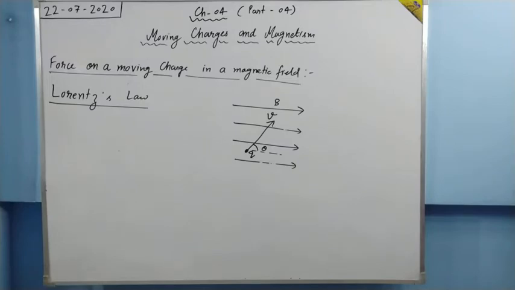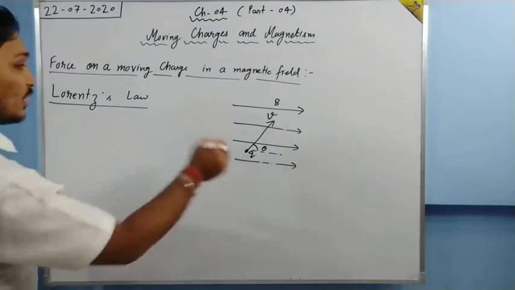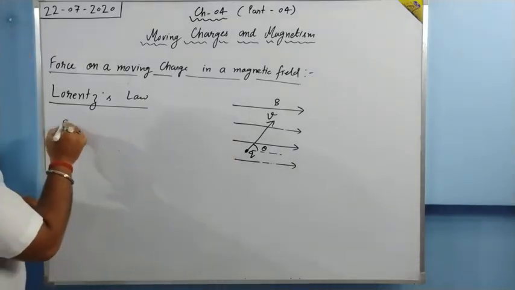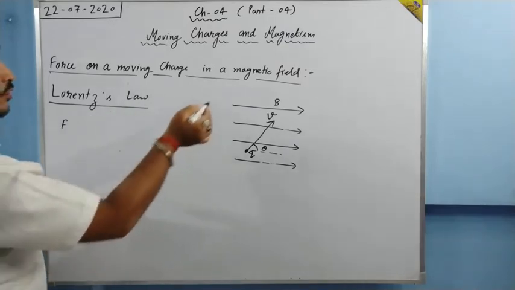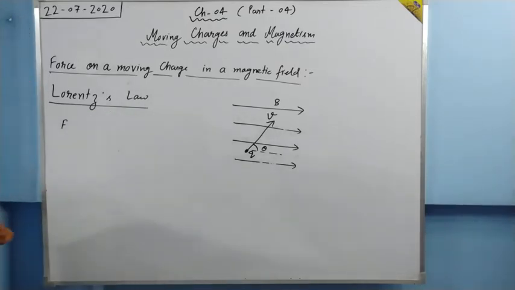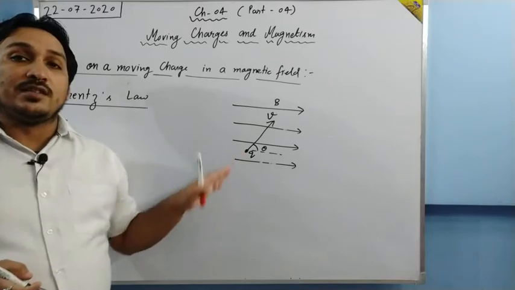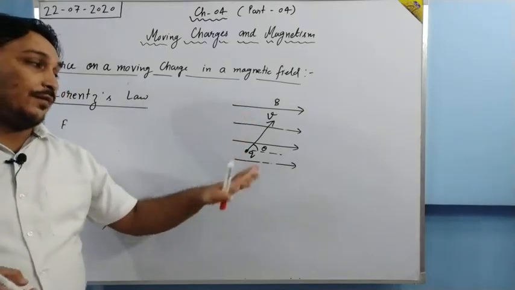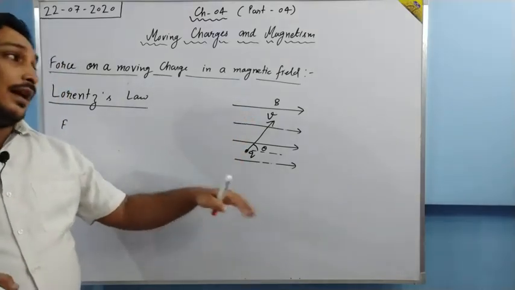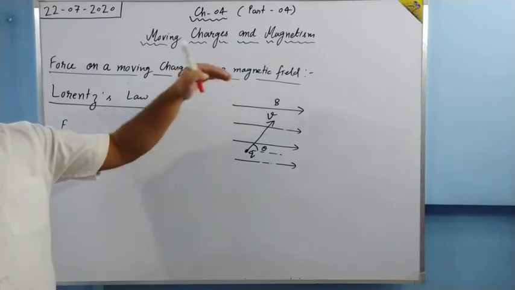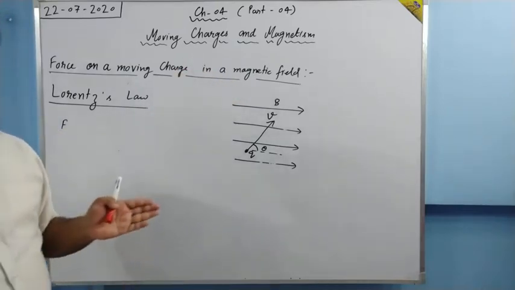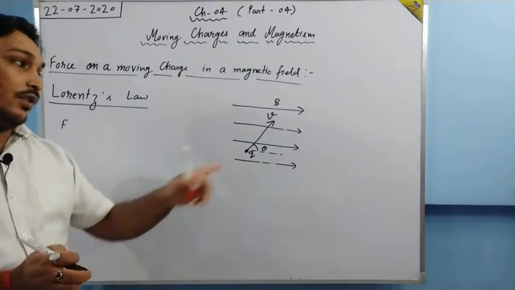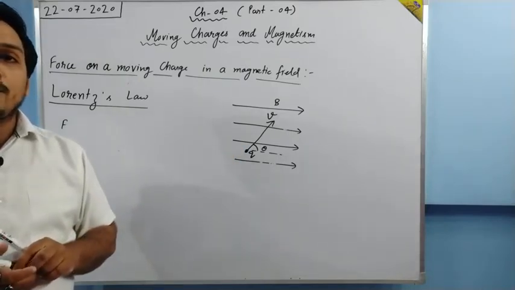The force acting on this charge is because of the magnetic field already present there, and because of its own magnetic field. Since the charge is moving, it will have its own magnetic field, and a magnetic field is already present over there. So because of the interaction of these two magnetic fields, this charge experiences a force.